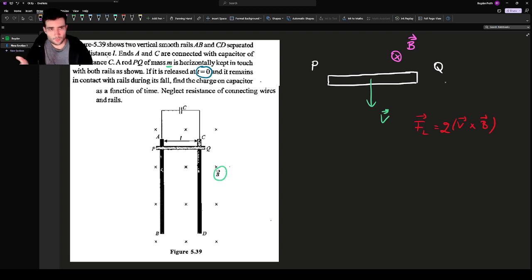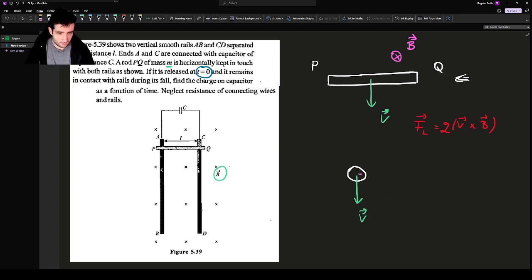One way to do it: if we look at things from this Q end, we're going to see the conductor like this. We're going to see, if the conductor is cylindrical, the velocity pointing downwards. I'm just doing this in order to put both v and B vectors in the same plane.